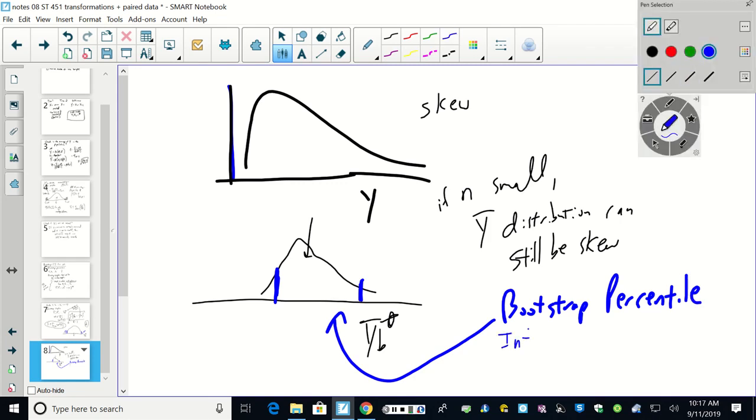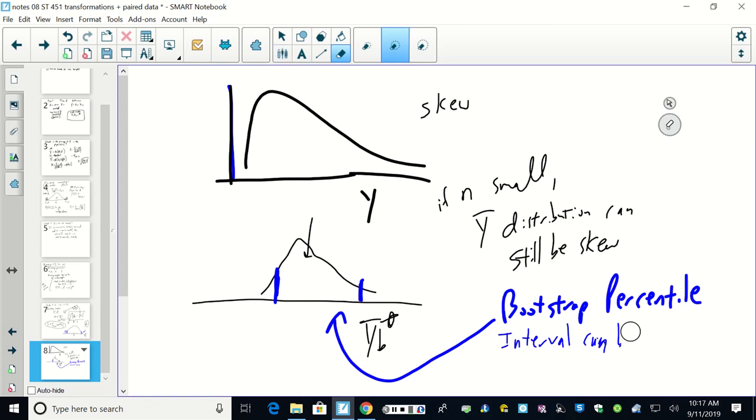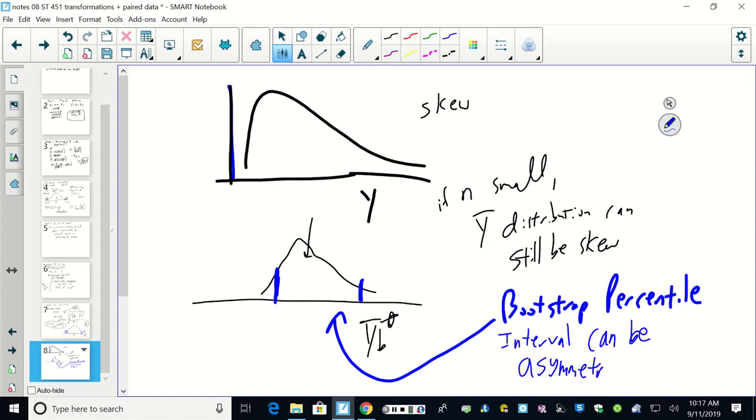The interval, right, can be asymmetric, to reflect that underlying sampling distribution that is skewed. And so in small sample cases that could work out and be desirable.